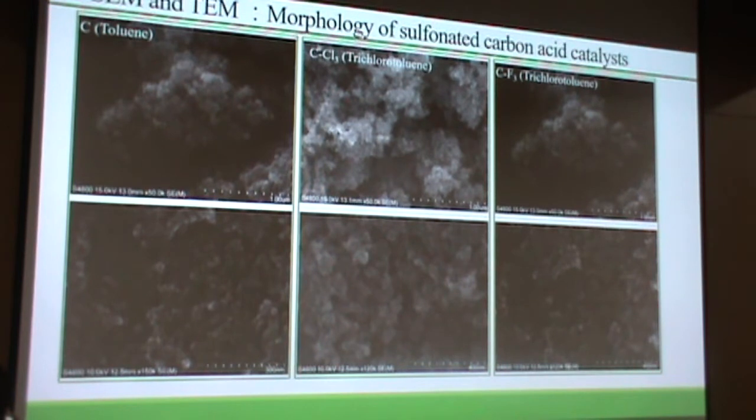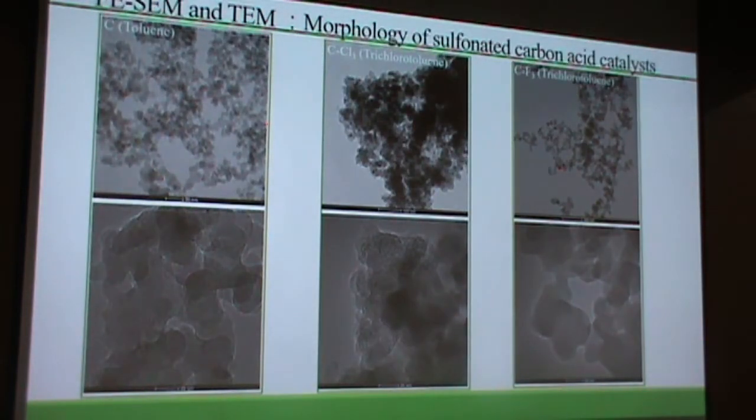By using similar aromatic precursors, we only change the active element: no halogen group, Cl, and F. We can see that the carbon shows similar nanosphere morphology, around 10 to 50 nanometers. And the TEM analysis also shows a similar structure of the carbon we obtained.